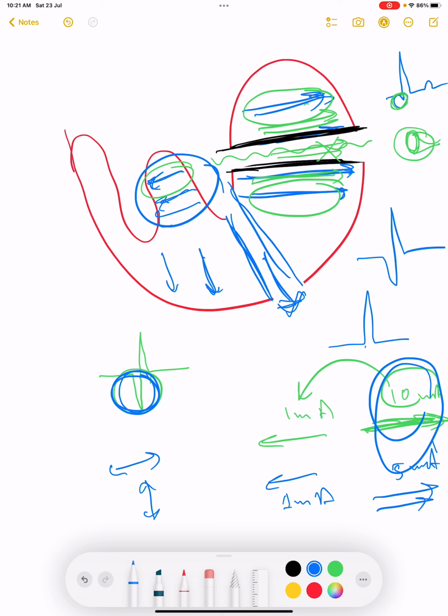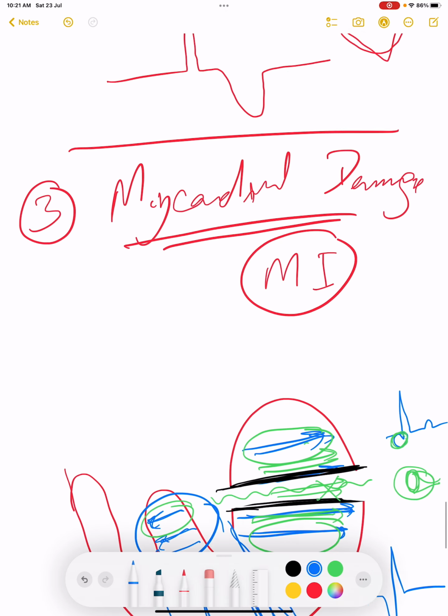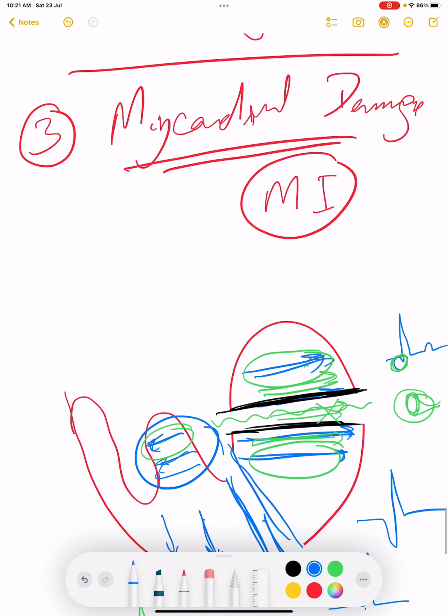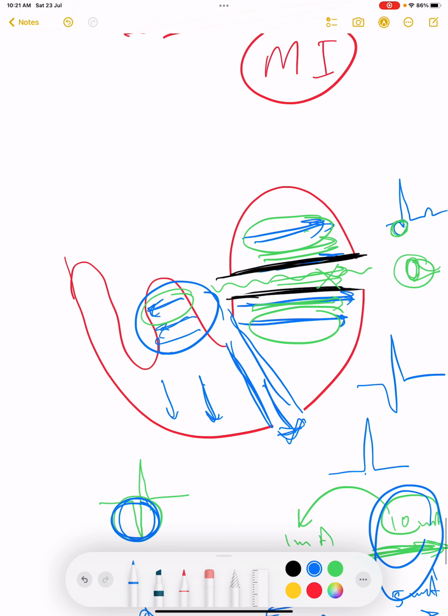So if you see appearance of Q waves in inferior leads, 2, 3, aVF, or lateral leads, which are wider and deeper than the normal Q waves, it will be abnormal, and mostly it shows myocardial infarction or myocardial damage. And similarly, if the same thing happens, for example, in amyloid, if there is amyloid deposition in this area, again the conduction of this area will be slowed down, and the slower conduction will be demonstrated as a wider QRS complex.